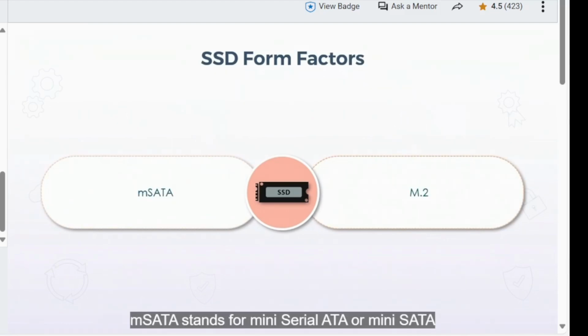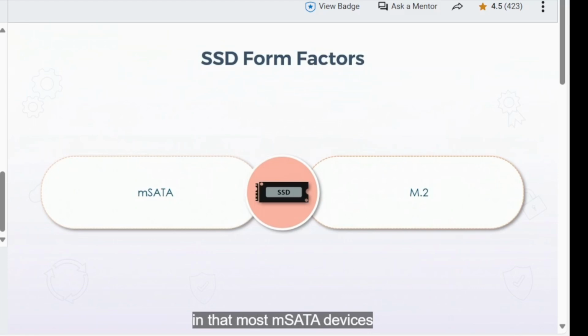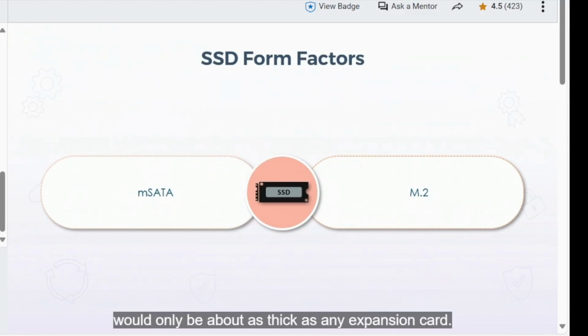M-SATA stands for Mini Serial ATA or Mini SATA, and it's physically smaller than the 2.5 inch, most notably in its thickness, in that most M-SATA devices would only be about as thick as any expansion card. In other words, they're a little more than the circuit board itself, but that kind of size makes them ideal for smaller notebooks or laptops.